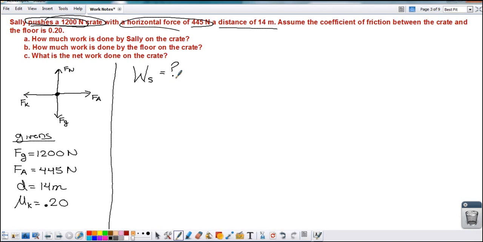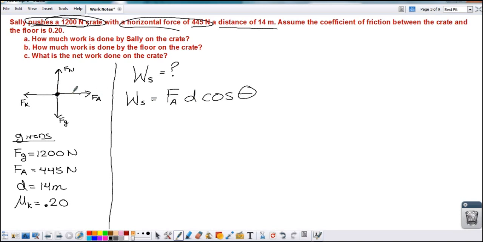Well, I know that to find work, I need to take the force times the distance times the cosine of the angle between the direction of movement and the force that was applied. So this is the work that Sally is doing. I need the force that Sally is applying, which we called the applied force, multiplied by our distance times the cosine of the angle between the force and the way the crate moves.